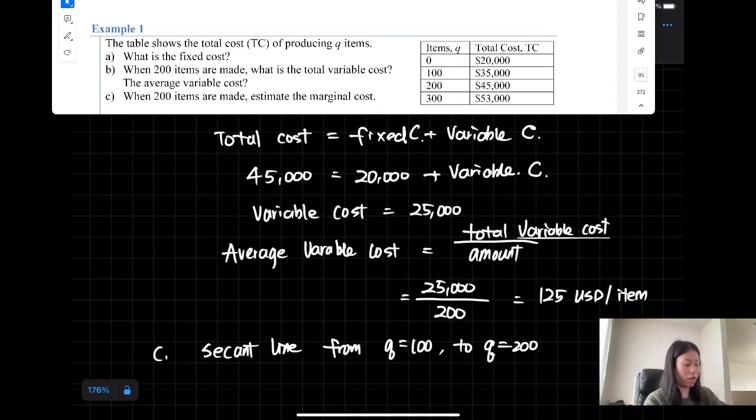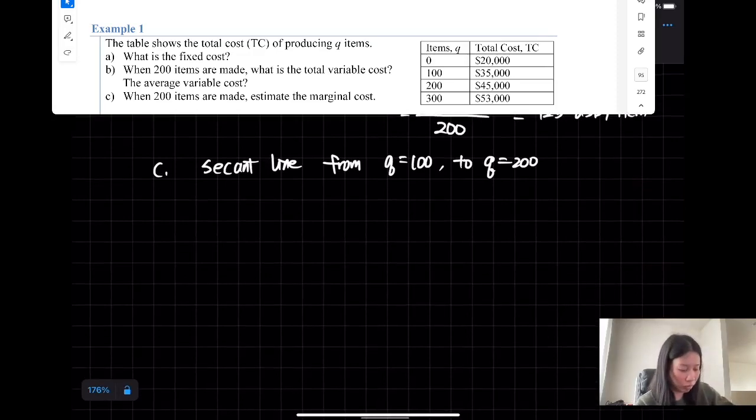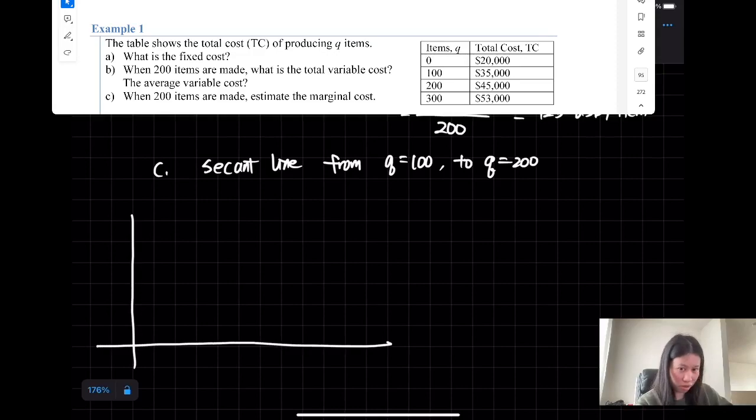Why is that? Let me give you a graph to show you why we need to do all this secant line stuff.